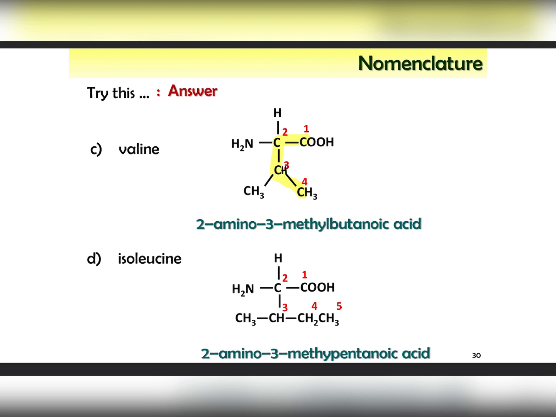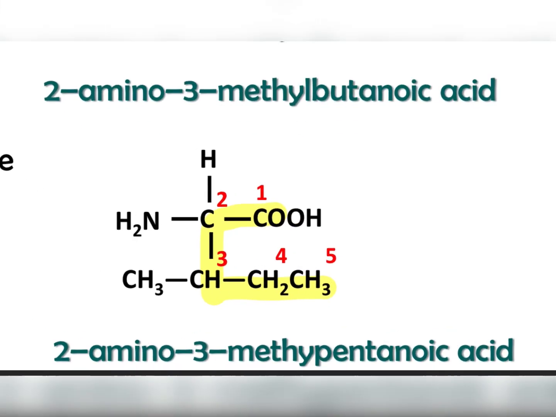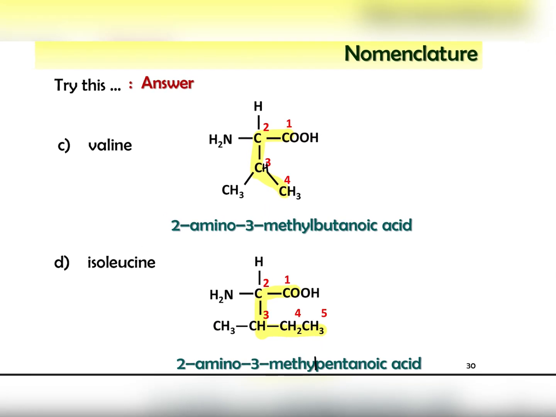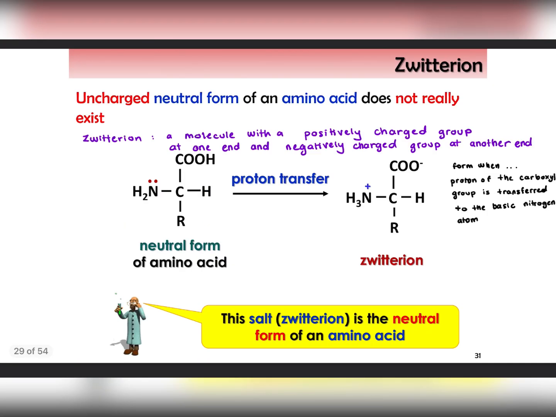So this one is 1 2 3 4 5, and you have amino, 2 amino 3 methyl. So ini methyl pentanoic acid. Now kita nak tengok apa tu zeta ion.